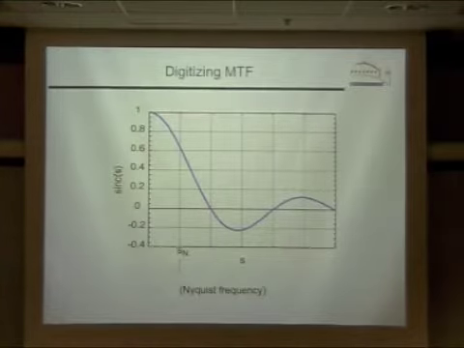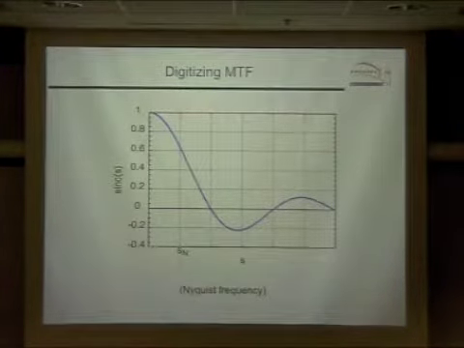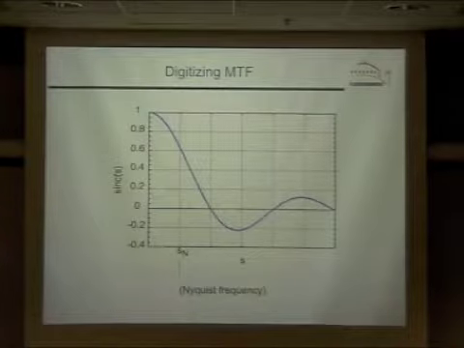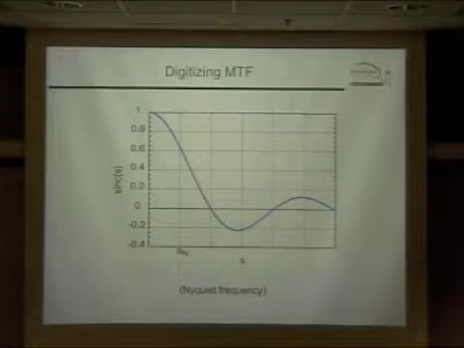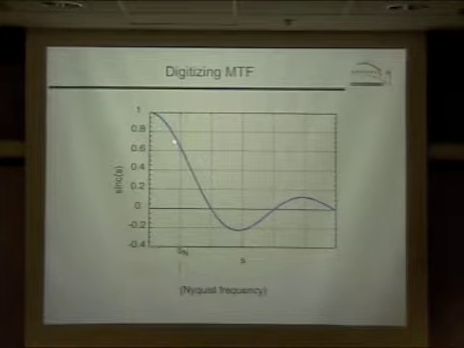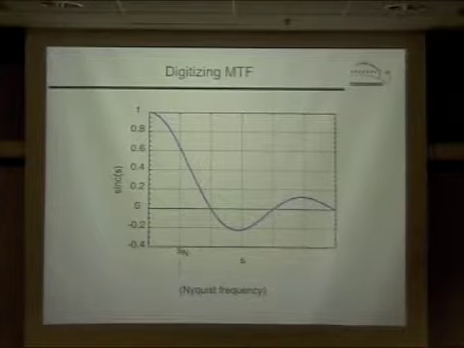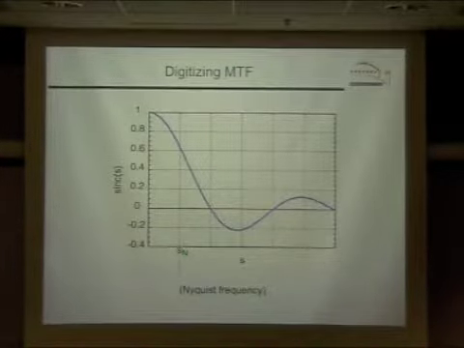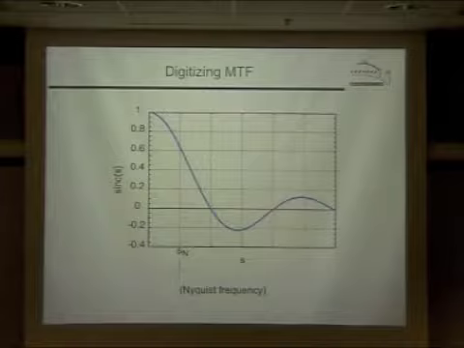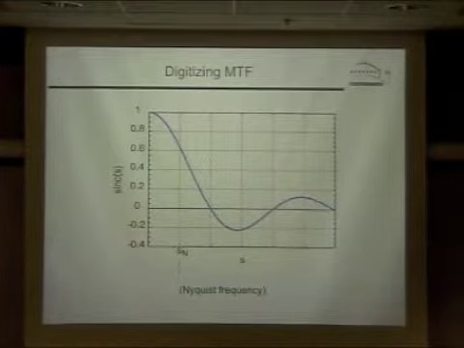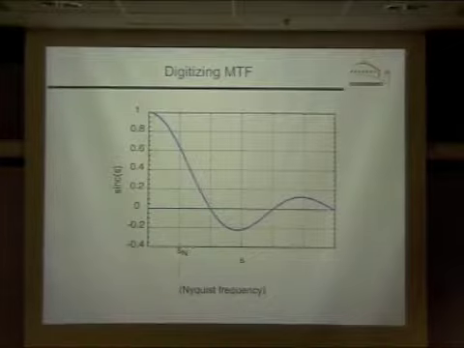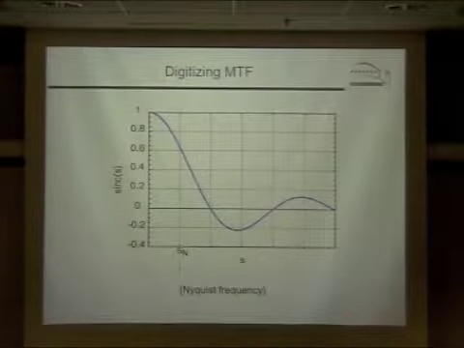Digitizing has its own modulation transfer function, which is in the ideal condition represented by a sinc function shown here. The Nyquist frequency that has come up in conversation generally represents the limit of reliable detectability of a digitized image.